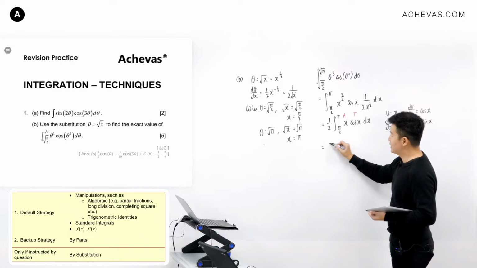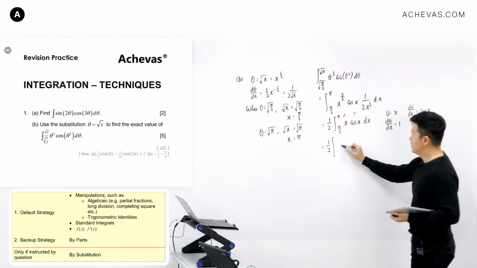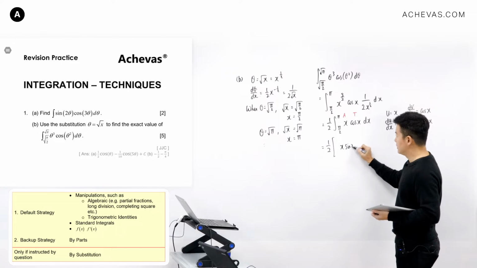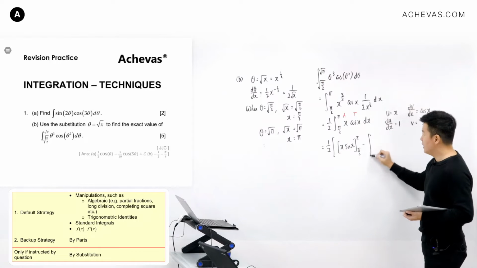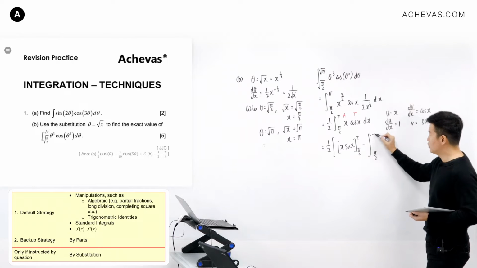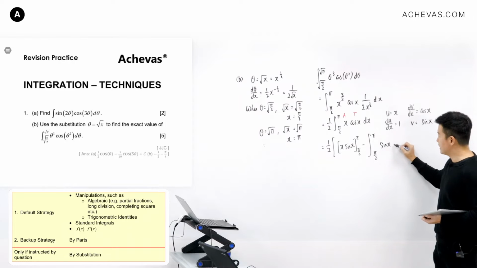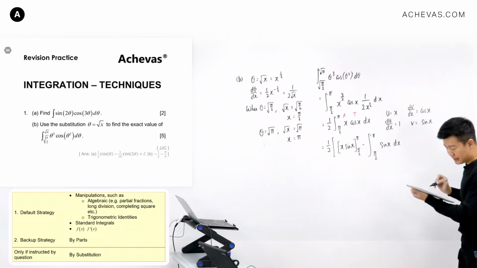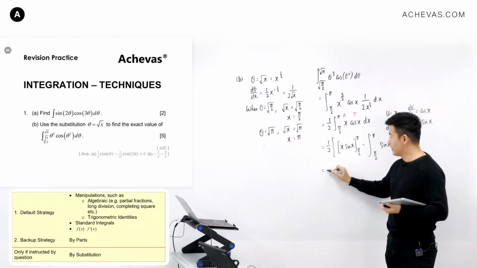So now I can re-express this into uv. So we have x sine x from pi over 2 to pi, minus away, integrating from pi over 2 to pi of v du/dx, which is just going to be sine x dx.